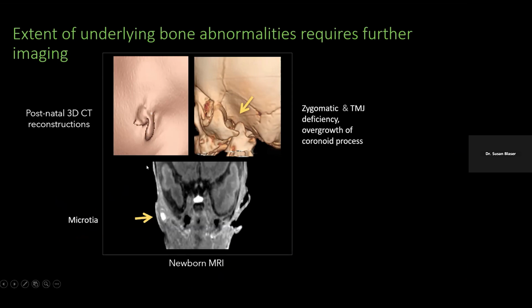Here is the microtic ear, and on the other side, a normal ear on your newborn MRI. Take a look here, and you can see fatty tissue. So this microtic ear is going to have a combination of sometimes bony and sometimes fatty tissue, sometimes just very abnormal mesenchymal tissue. And that's what that would look like on MRI.